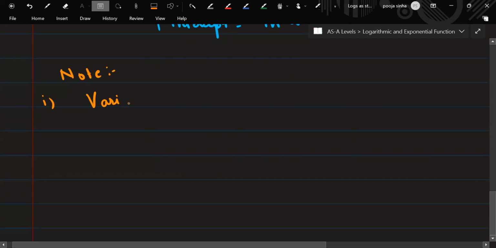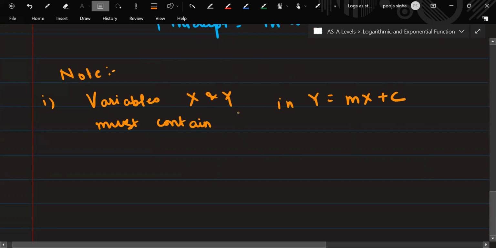So variables x and y, or variables which are representing x and y in y equals to mx plus c, must contain original variables x and y. So does it just mean that all the alphabets will be X?